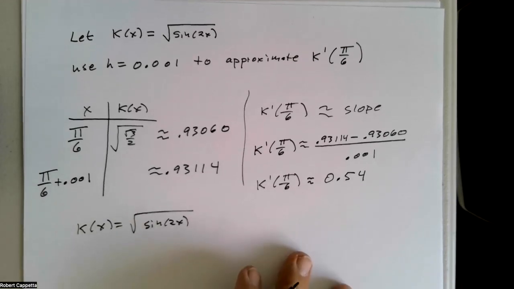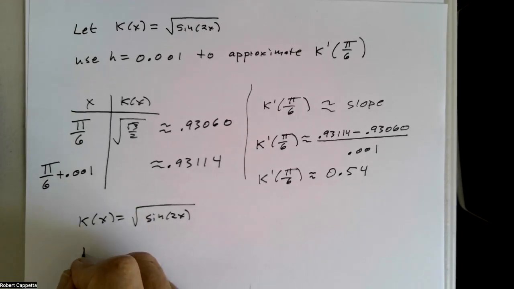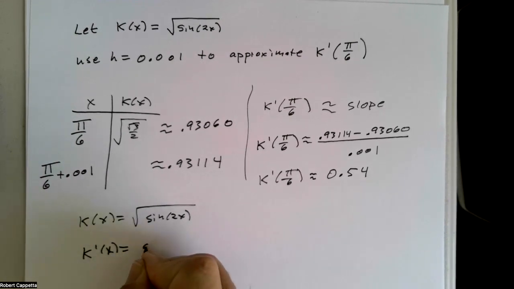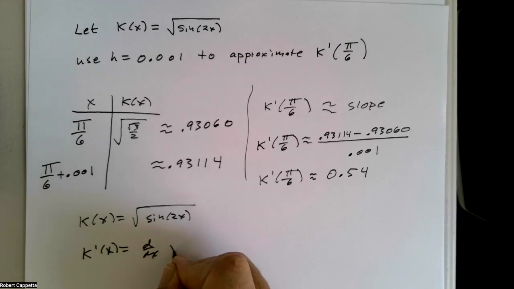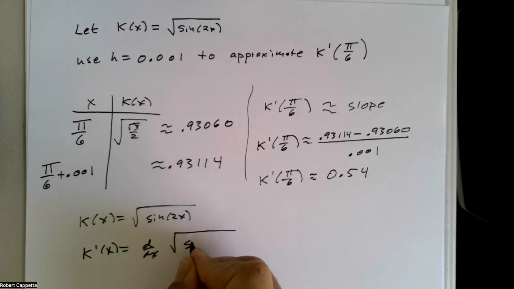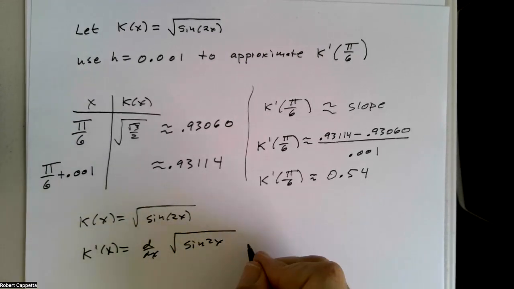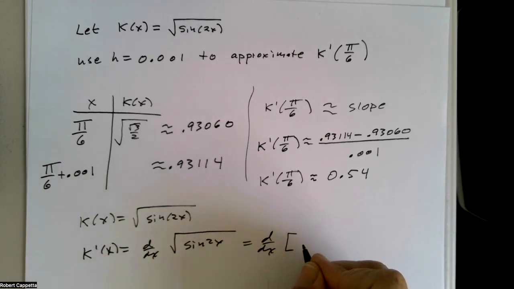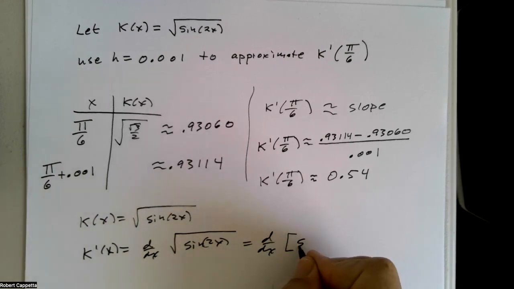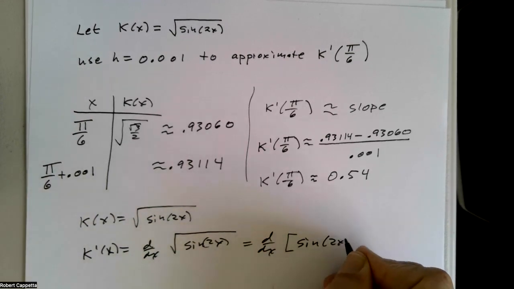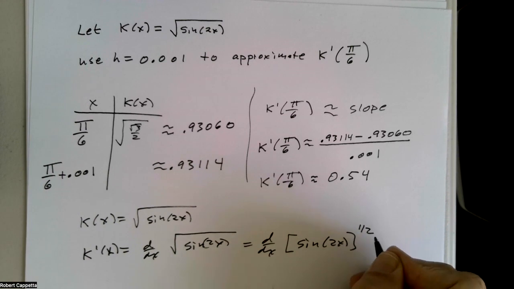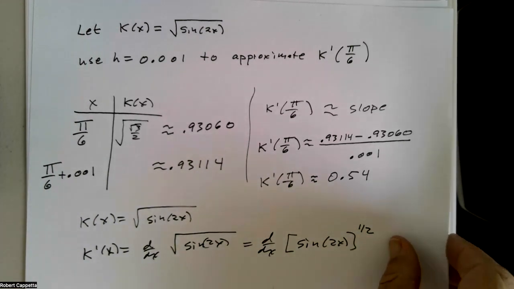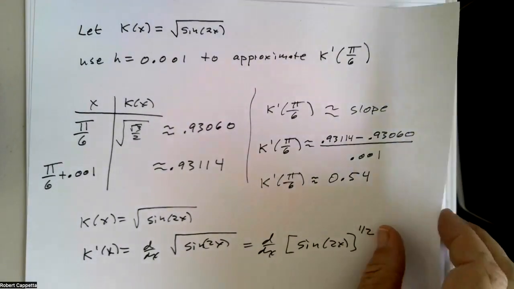So k prime of x will be the derivative with respect to x of the square root of the sine of 2x, which is the derivative with respect to x of sine of 2x to the 1/2 power. So let's think about this a little bit. What is the derivative of sine of 2x to the 1/2 power?